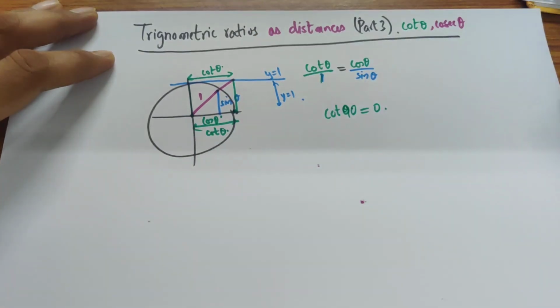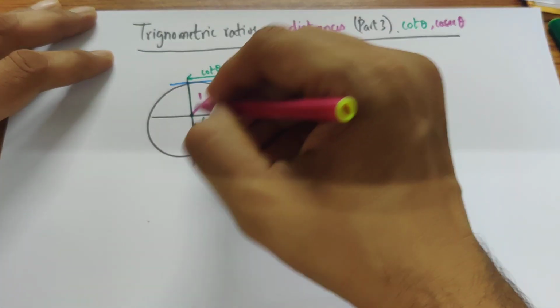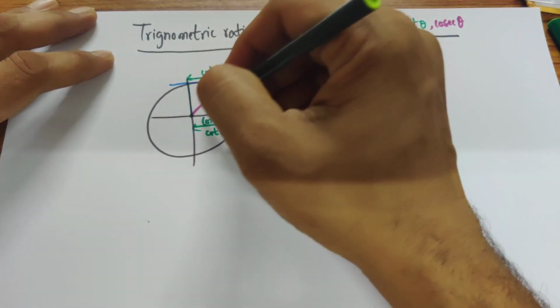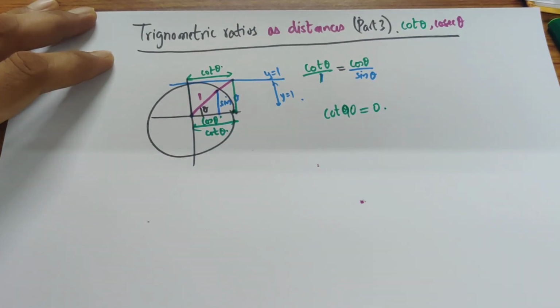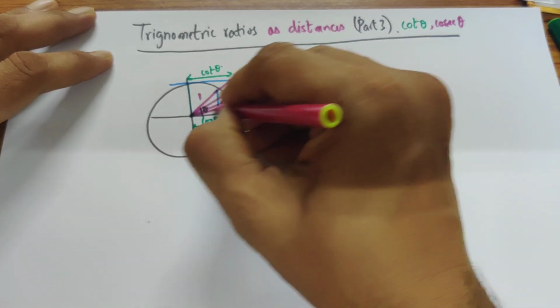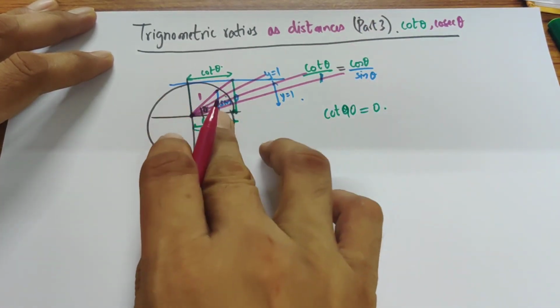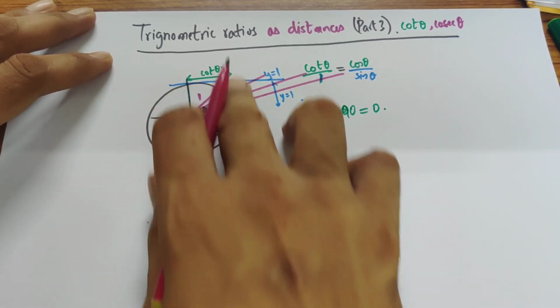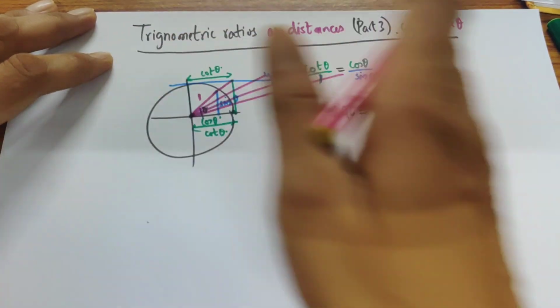And as we keep decreasing the angle, so tan was increasing the angle, here it is decreasing the angle. So this is my theta. As I keep decreasing my angle, the line is becoming more and more horizontal. Finally, when it is 0, the lines become parallel and they never meet.